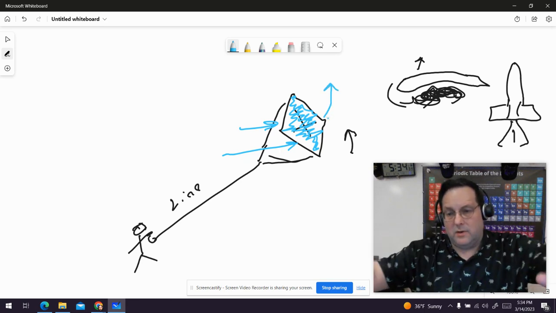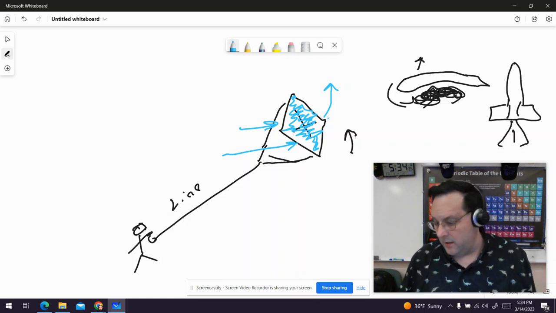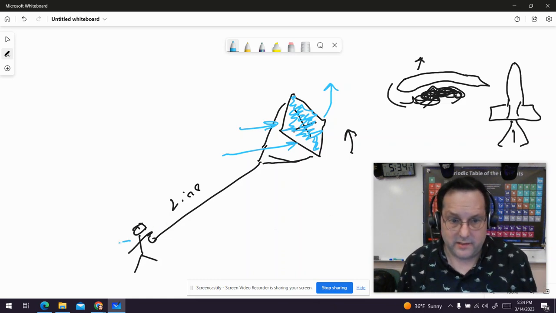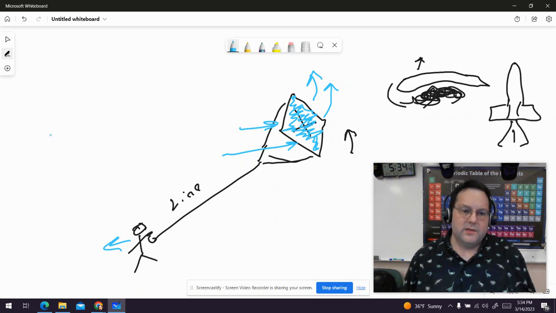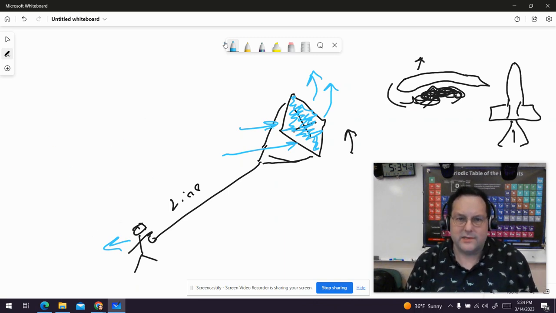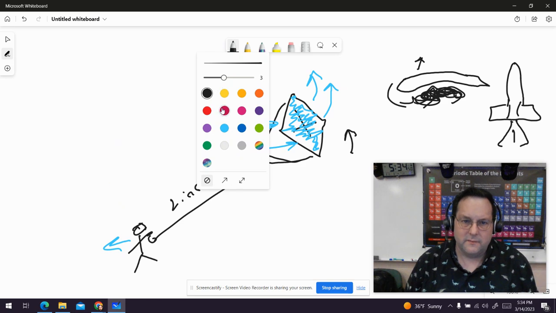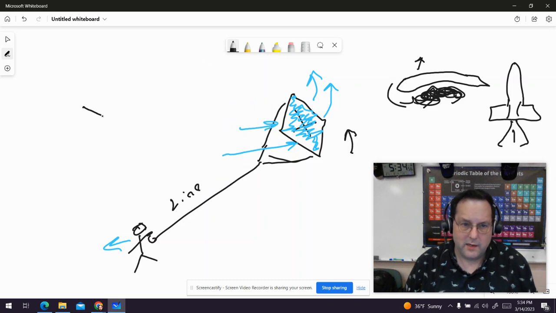So instead of pushing it backwards, which is what is counteracting the thrust that the person puts this way, it will hopefully push it upwards. That's the whole idea, right? So if you have lots of wind, here's one of the keys here. If you have a high wind that's blowing really hard, you want an angle of attack, let's say like this with your kite.